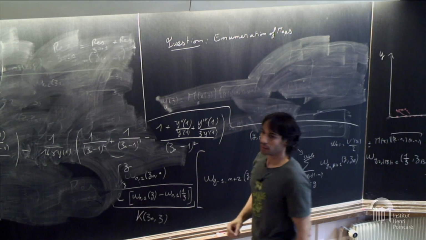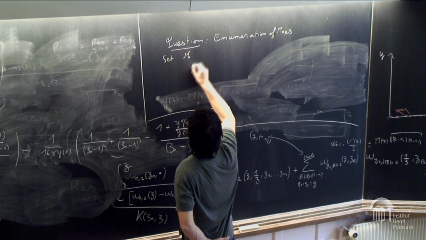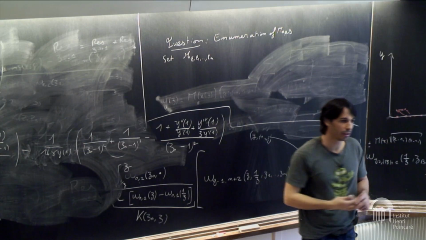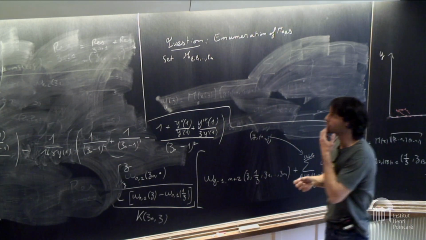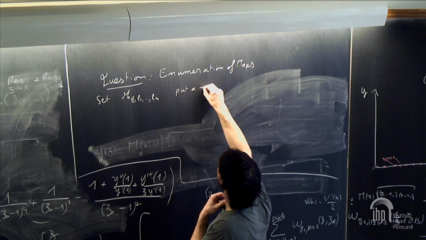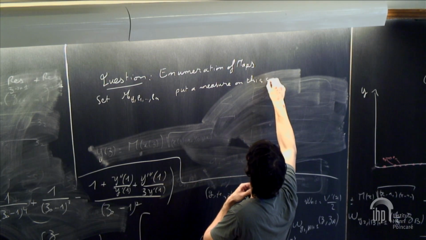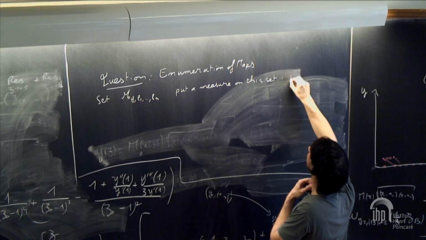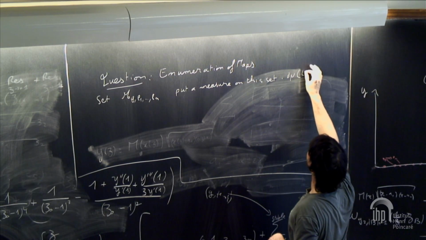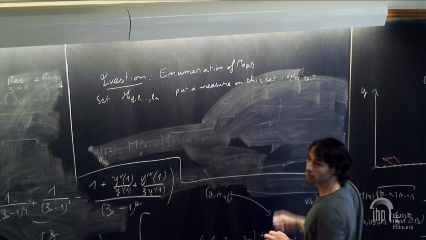One way to think about that is to say, I've got some set M_g of L1 to Ln, so a set of maps of given genus with n boundary components of respective lengths L1 to Ln. And I put a measure d mu on this set, which depends on some parameters T3 to Td.